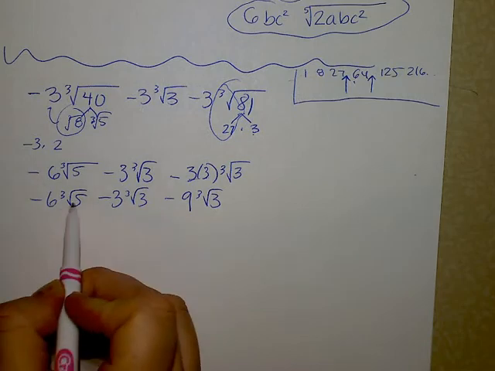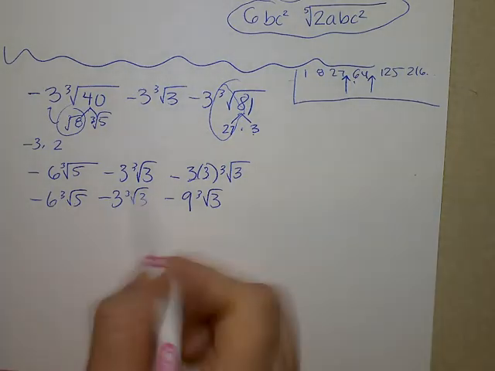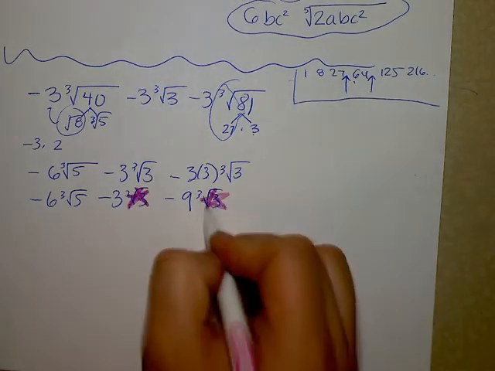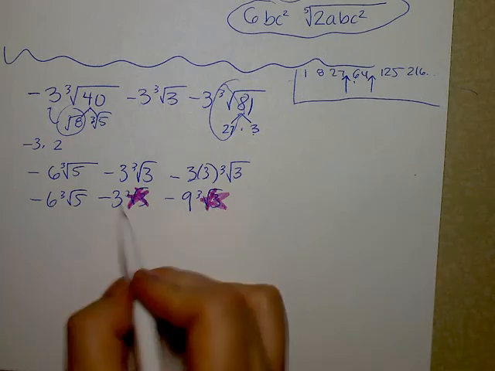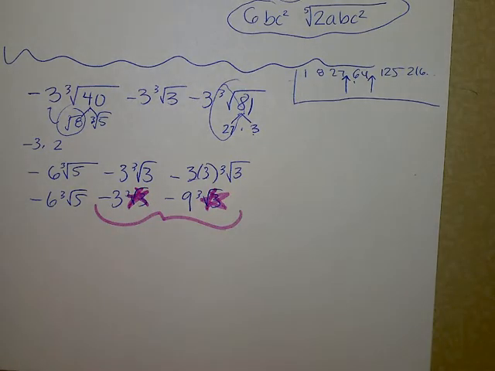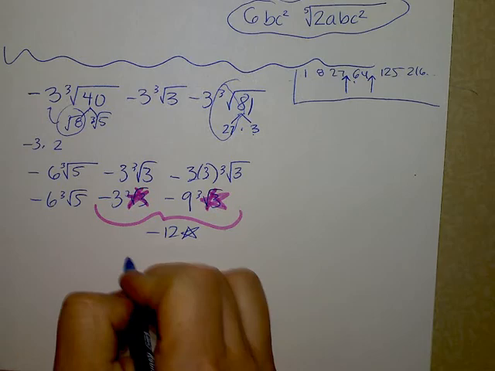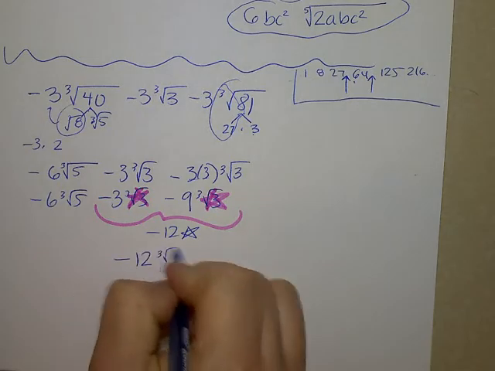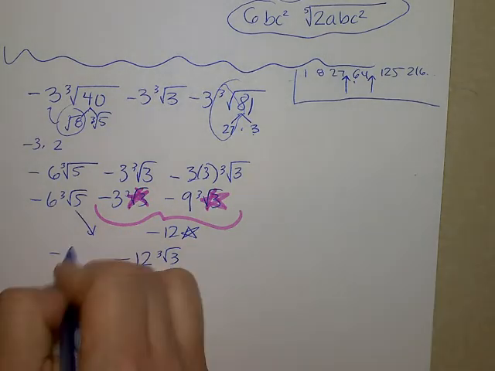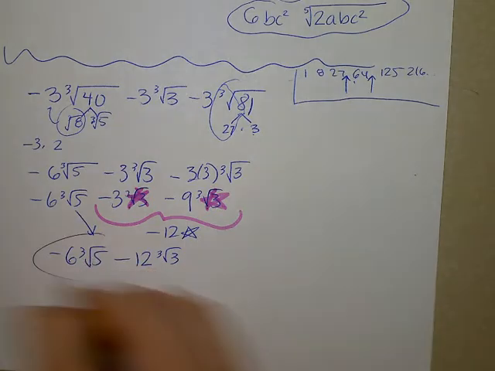So 5 and 3, nope, but here's 3 and 3, so I'm going to put a star over the top. When I combine these two, negative 3 star subtract 9 star is really negative 12 star. But in reality, what is star? Cube root of 3. Bring down what we haven't been able to turn into a star, and this problem is done.